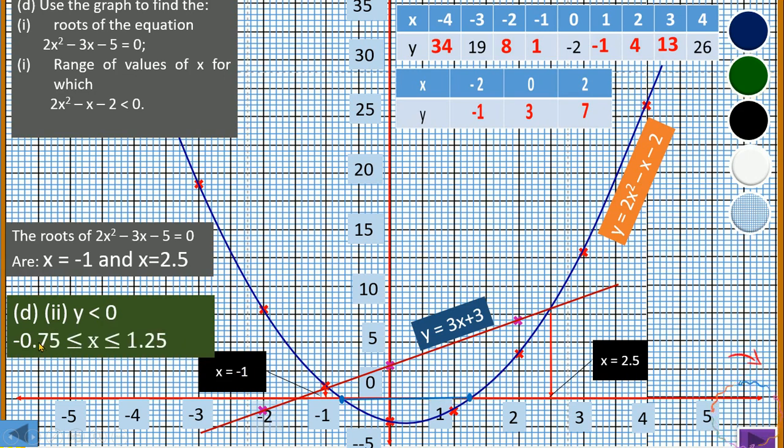So therefore, the answer will give us minus 0.75 and 1.25. So the range is from minus 0.75 to 1.25. Therefore, minus 0.75 is less than x, and x is less than 1.25.